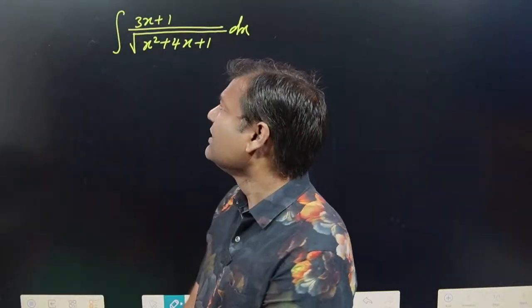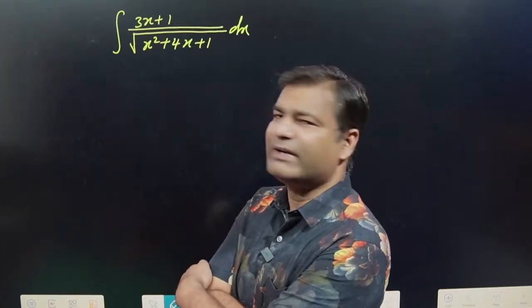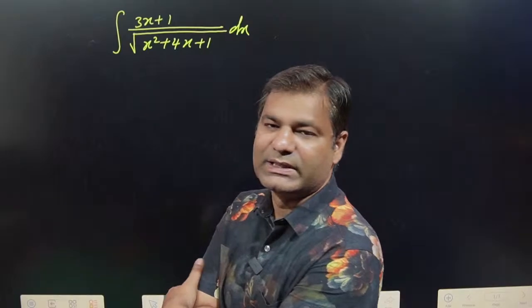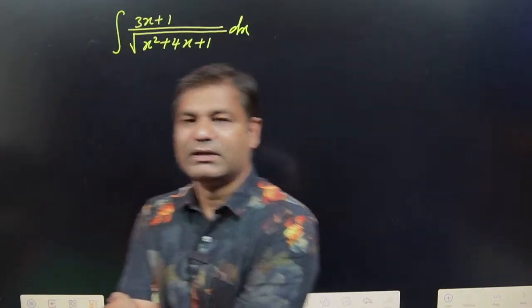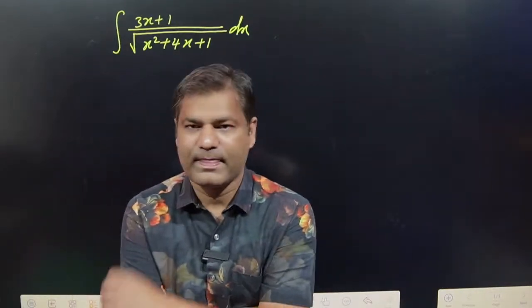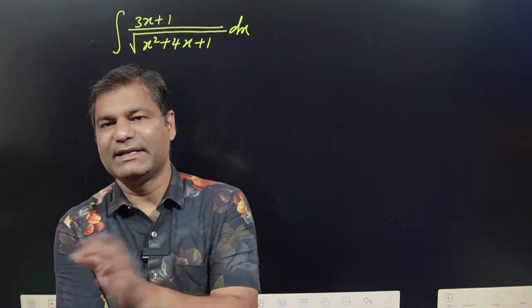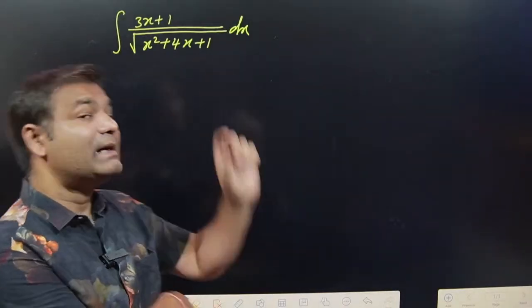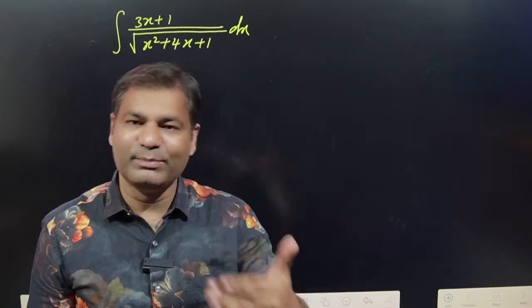Look here very carefully. Integration of 3x plus 1 divided by under root of x square plus 4x plus 1 dx. Simply look, x plus 1 is replaced to differentiation a into differentiation of that part plus new constant b.